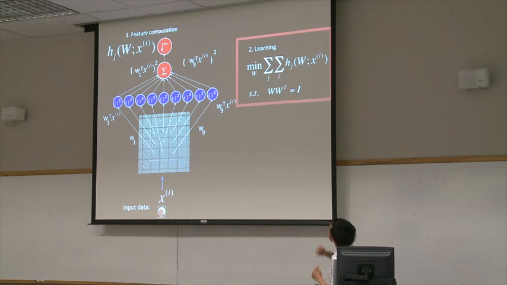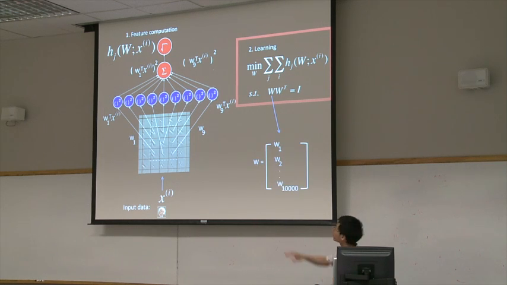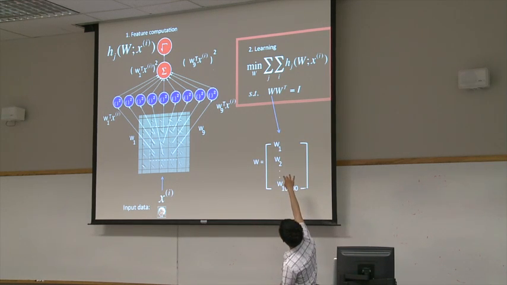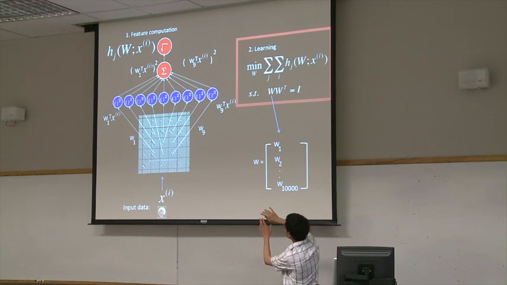Now, to prevent that from happening, you say that the features are different from each other and they are norm-bounded. In particular, say W is a stack of all the w's in this map. I stack all my w's in this map, and every row is one set of features.